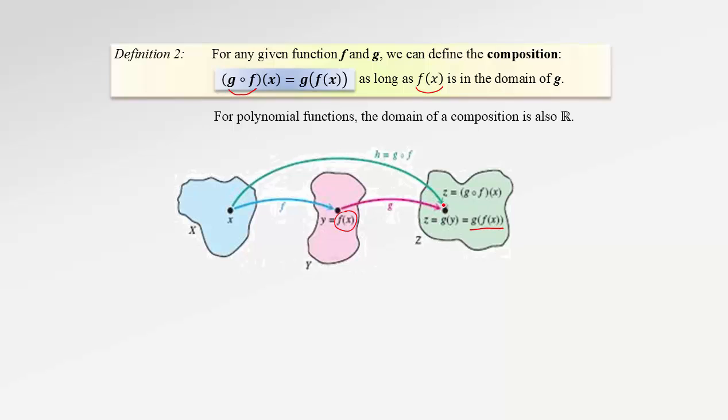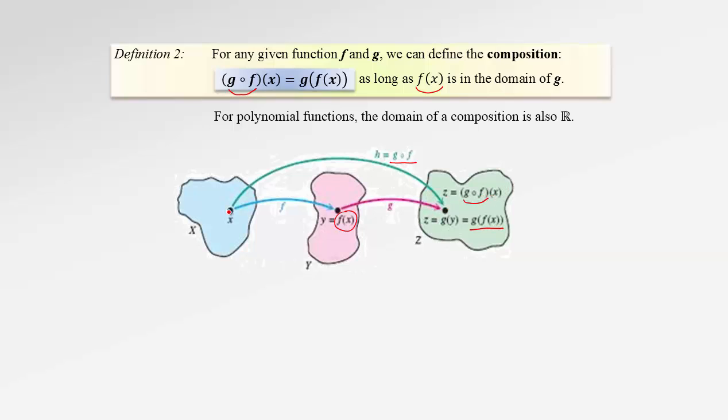This can be done using the green ferry h. This green ferry is the composition of the two functions f and g. Therefore, the input x lands on the green island as a value of the composition function g composed with f at the point x.